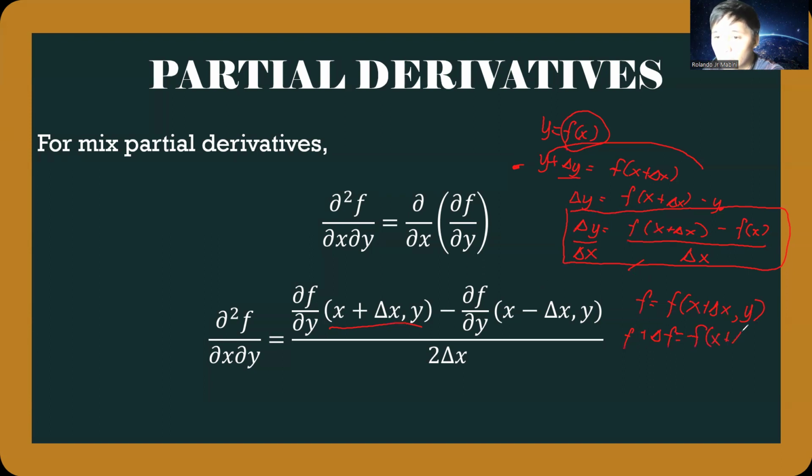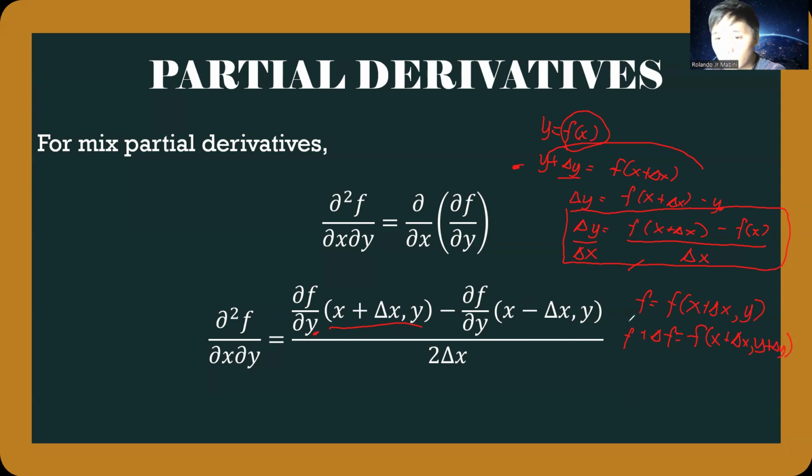Since we are dealing with only y, we cannot add a delta x, and also there is already a delta x in the x side. Now we are after the variable y because we are differentiating with respect to y. So therefore, we must add a delta y here for our function.